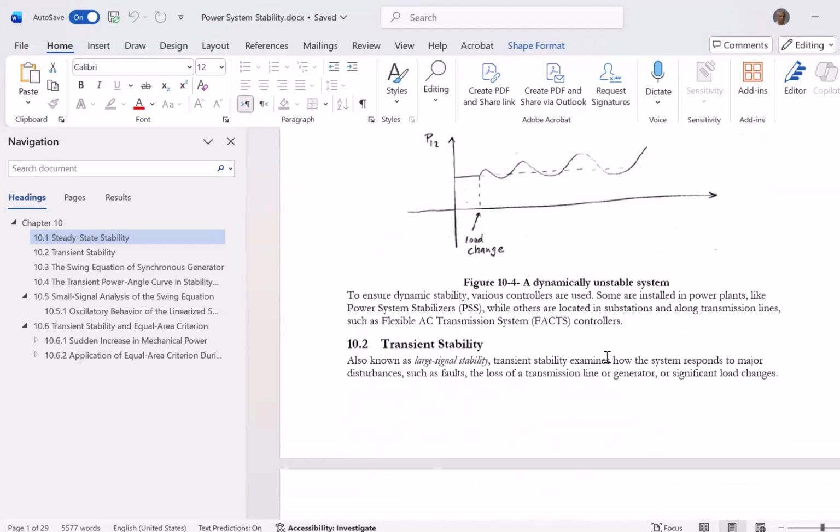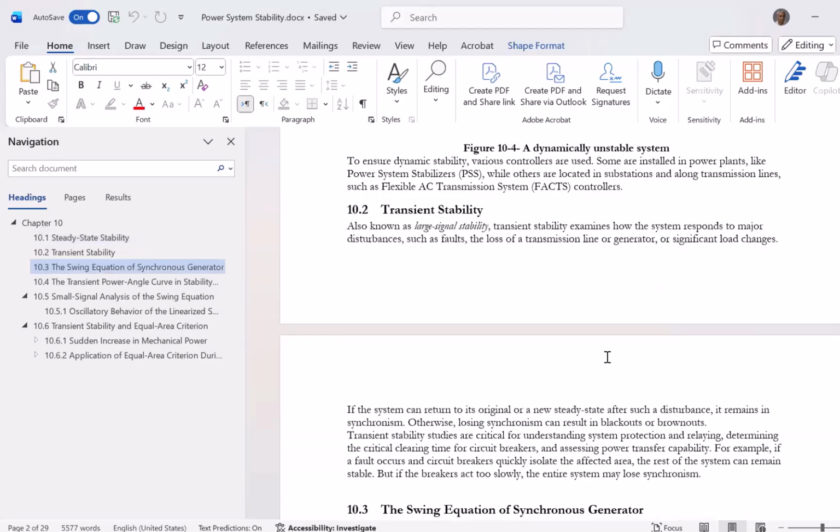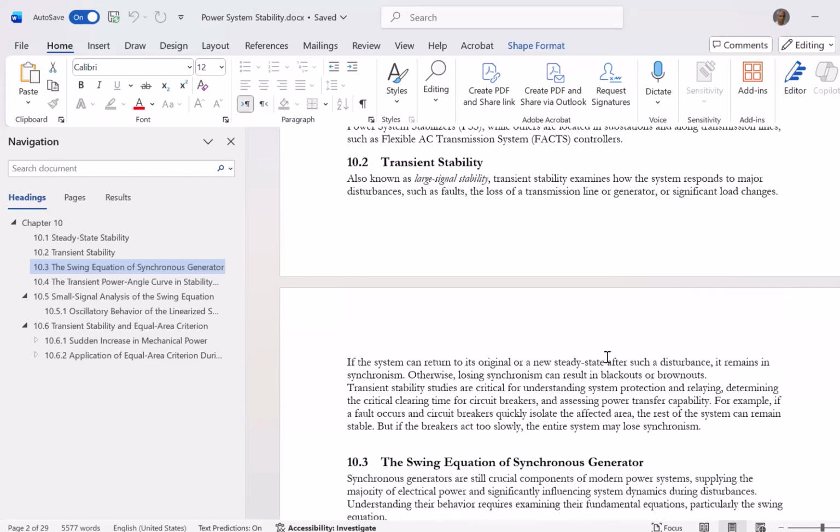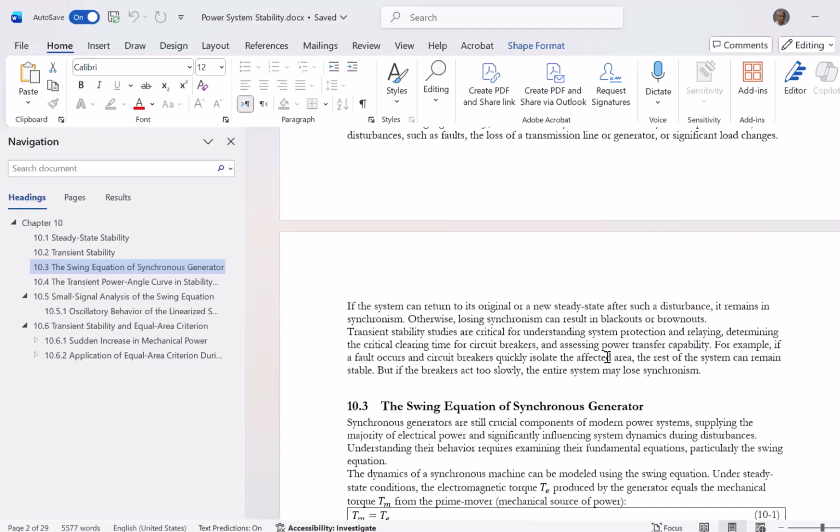But for transient stability, since we're talking about large perturbations, we usually cannot depend on linear models of the system anymore. We have to do the analysis with nonlinear methods, or methods that have gone through research in the literature and are still being studied.